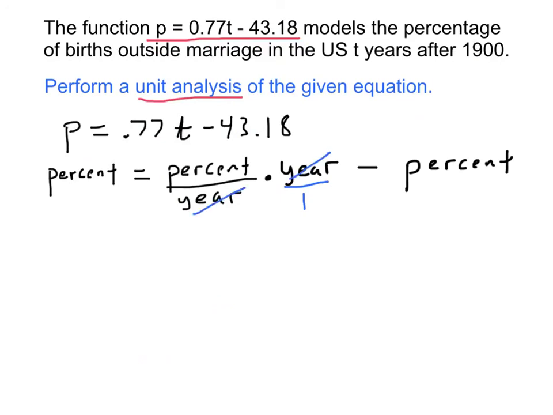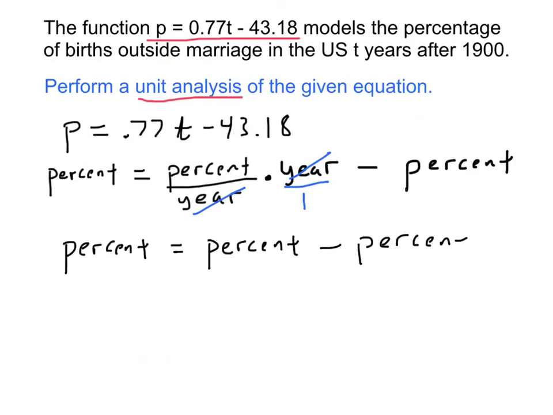And so what you would have is percent equals a percent minus a percent. And the way units work when you're adding or subtracting, it's kind of like terms. Since both of these are percents, when you combine them using addition or subtraction, the answer is just a percent. So you get percent equals percent. And really what that does is it shows you that the units work out, so that the units on the left side of the equation are the same as they are on the right side of the equation.